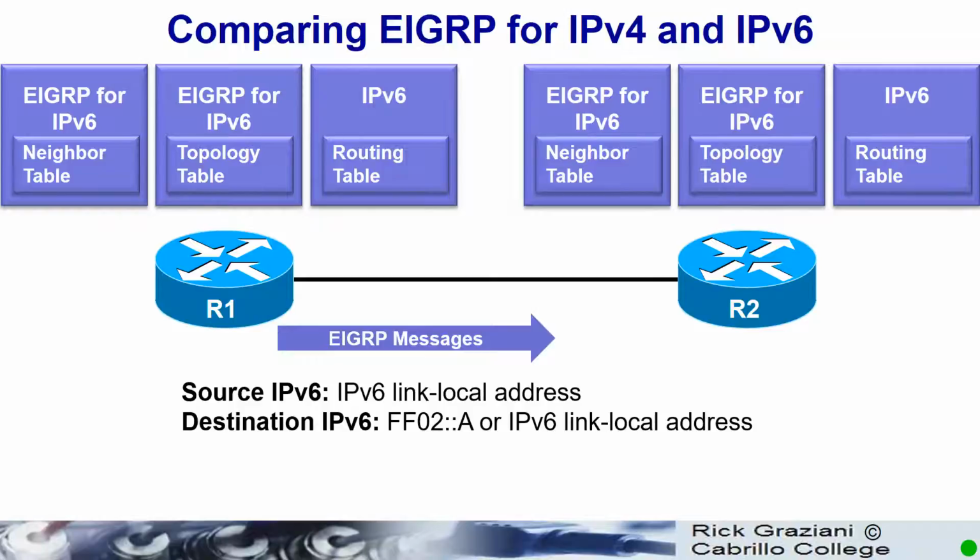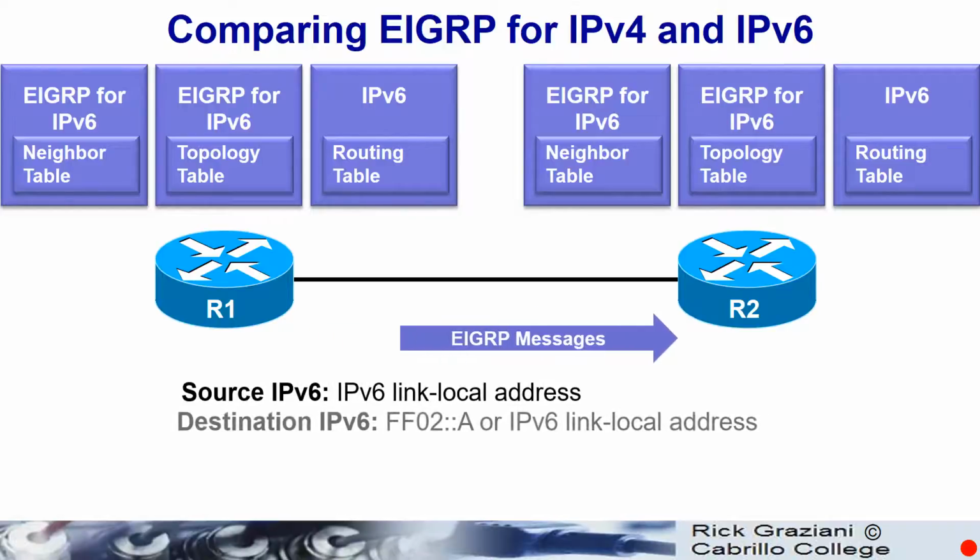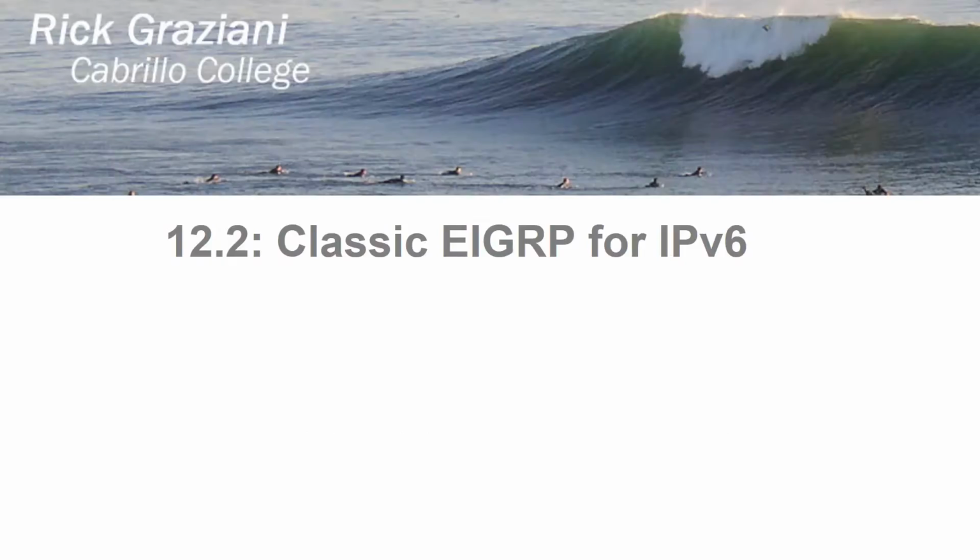Again, that FF02::A is similar to the IPv4 version of a multicast, 224.0.0.10. Because when you look at A in hexadecimal, if you convert that to decimal, you get the number 10. So again, link-local, multicast.